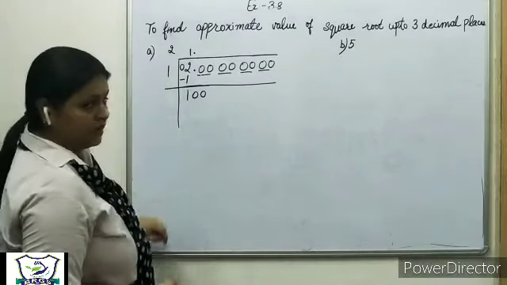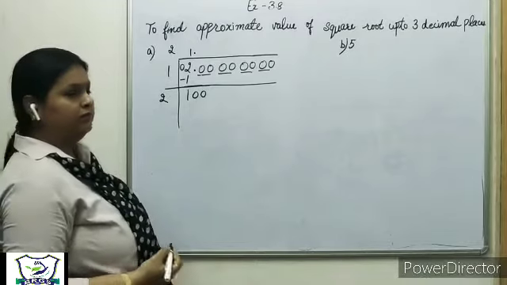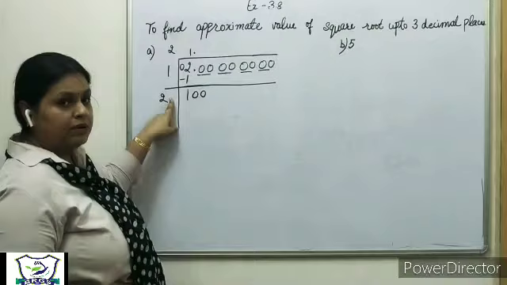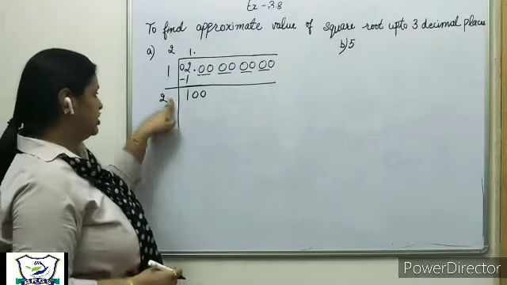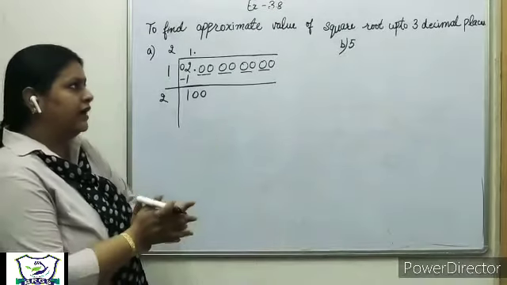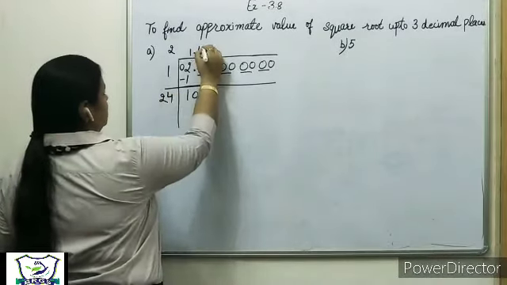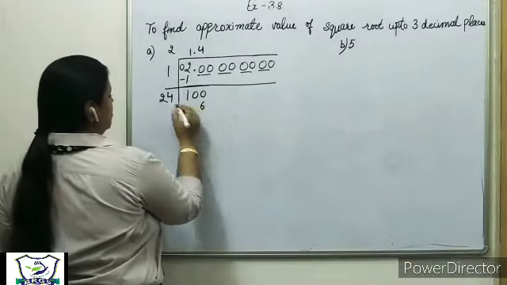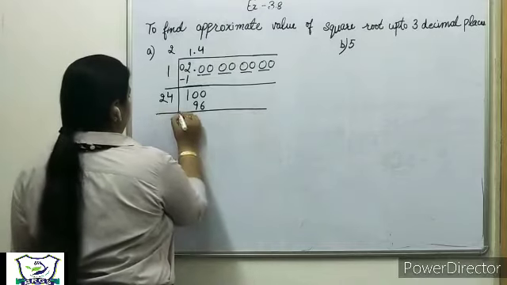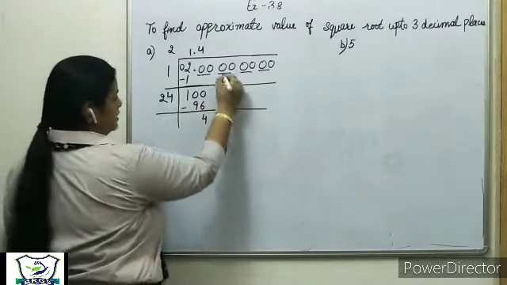Now 1 plus 1, it's 2. Now we have to find one digit here, so that by multiplying it with that digit, the number should be 100 or less than 100. So I think we will go for 4. 4 4s are 16, 4 2s are 8, 96. Okay. Then 10 minus 6, 4, 9 minus 9, 0, and here it is 0.